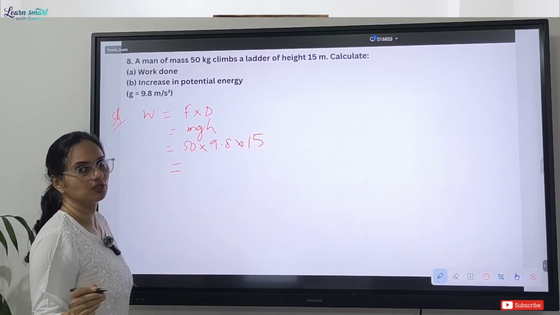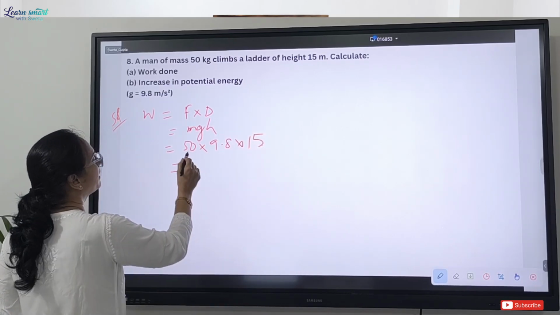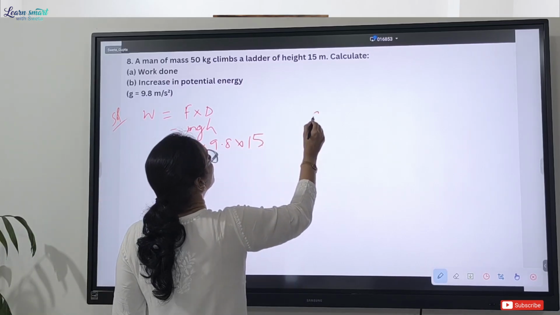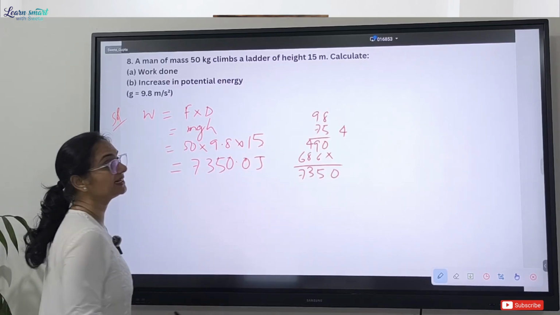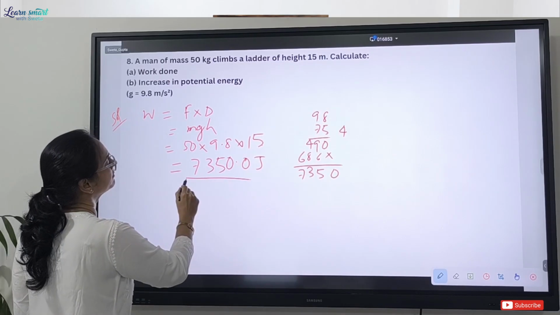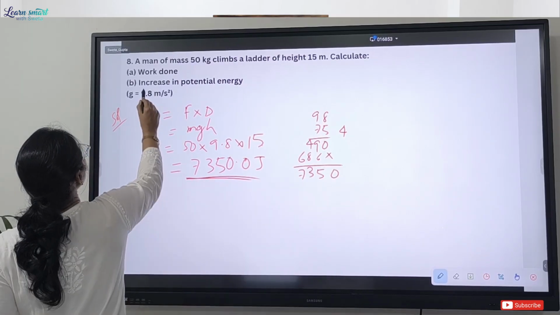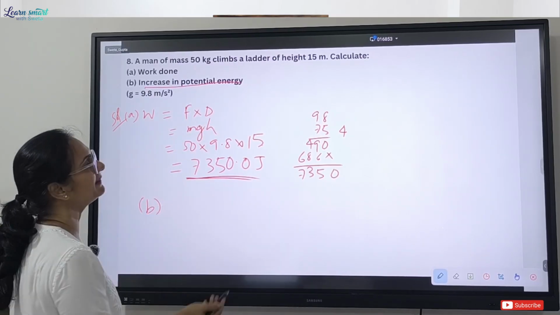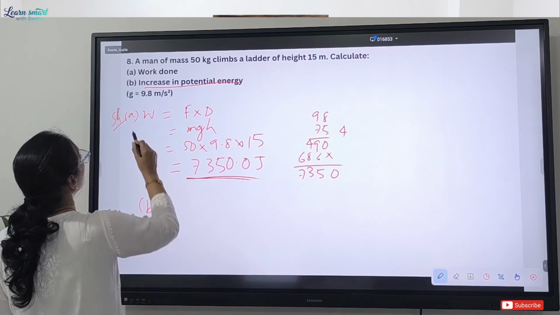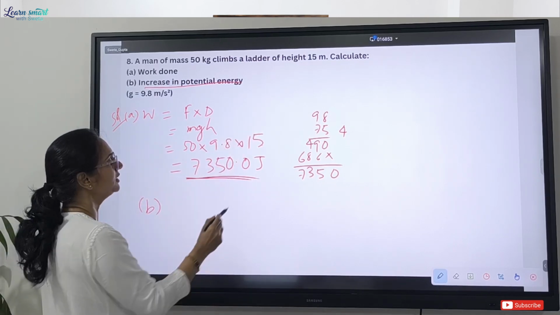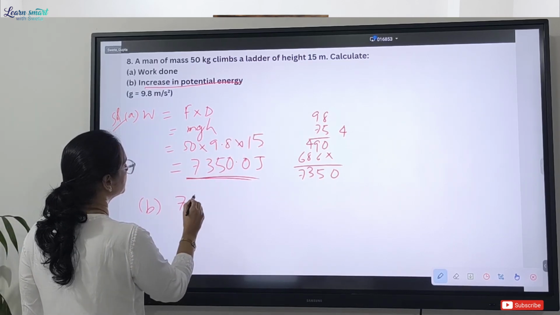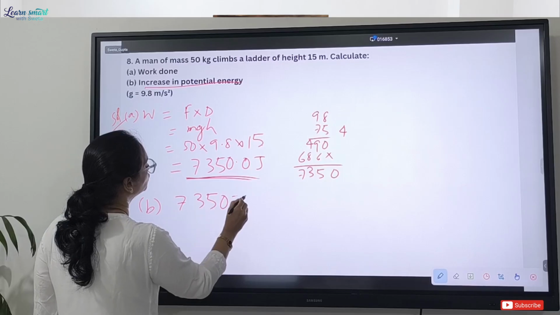Let's see, 15 into 5, 75, 75 into 98. So we will get 7350 joules after solving. Next they are telling increase in potential energy. So same will be the increase in potential energy because initially there was no height. So this is only the increase in potential energy, 7350 joules.